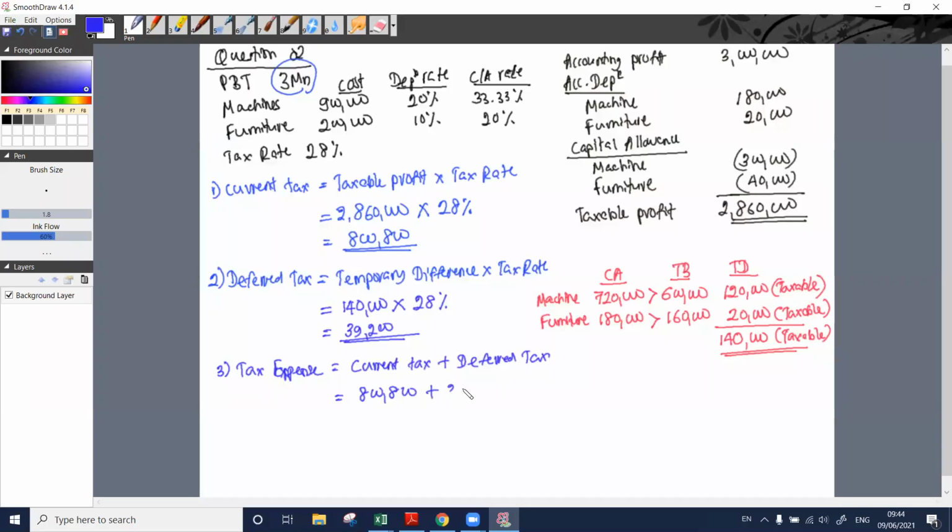Deferred tax 39,200. Therefore, what is the total? The total is 840,000. The total tax expense amount. Yes, correct.